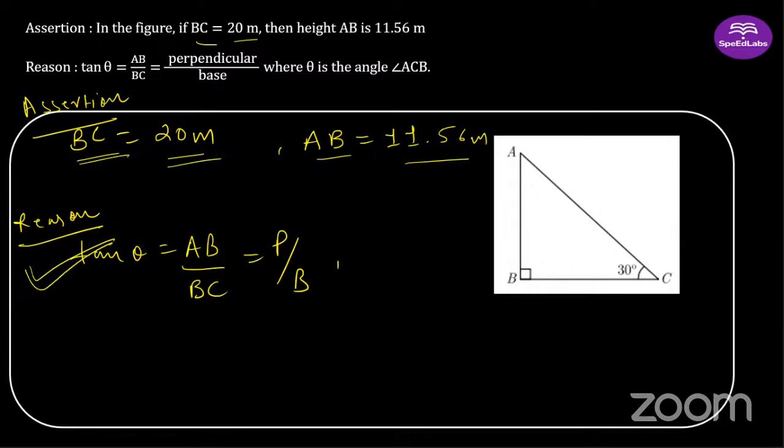Is this assertion true? If BC is equal to 20 meter, we need to solve for that length. Please try to solve it. They're saying that if BC is 20 meter, then the value of this AB would come out to be 11.56. Just try and check.